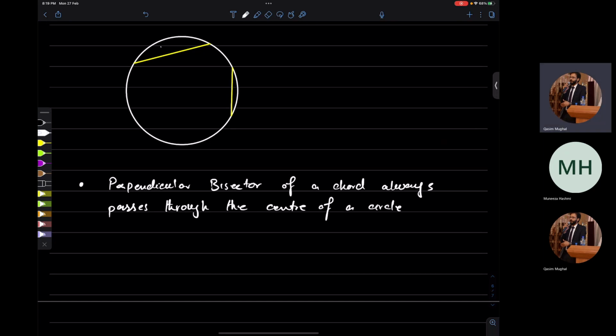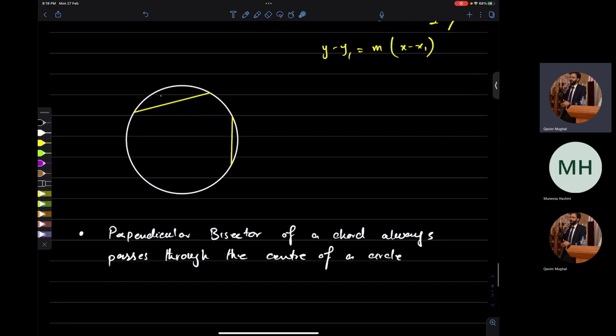So if you draw a perfect perpendicular bisector of, let's say, this chord, it will definitely pass through the center of the circle. So that's the concept here. Got it? Let's use this concept and see what we can do.